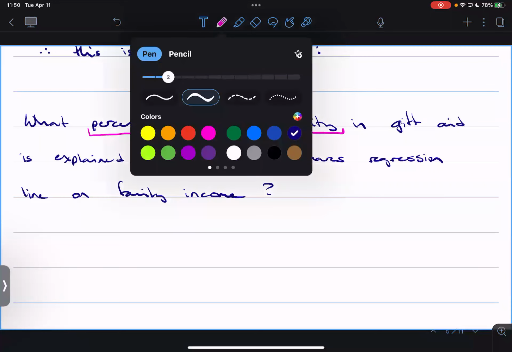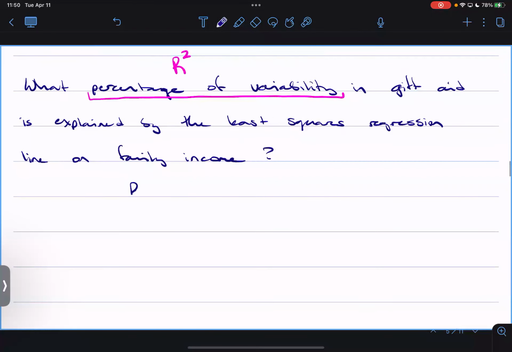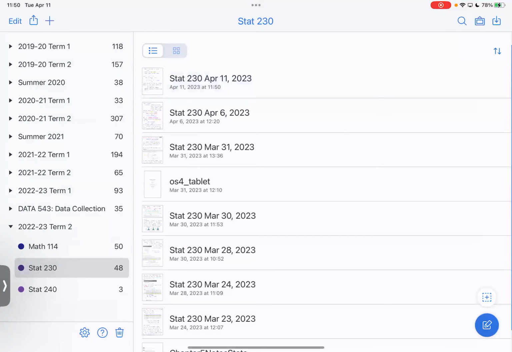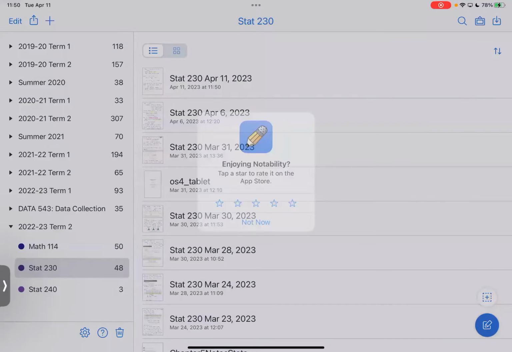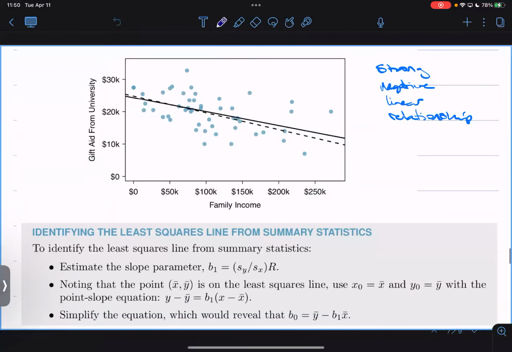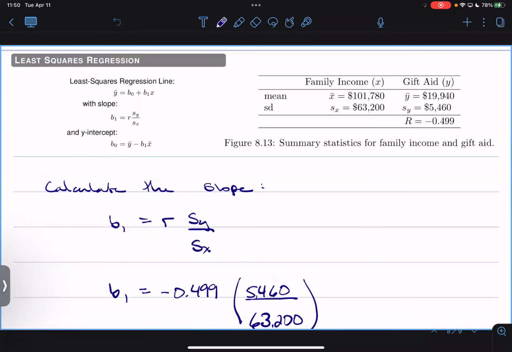But R squared is the correlation squared. And the correlation, we were given it. The correlation is negative 0.499.